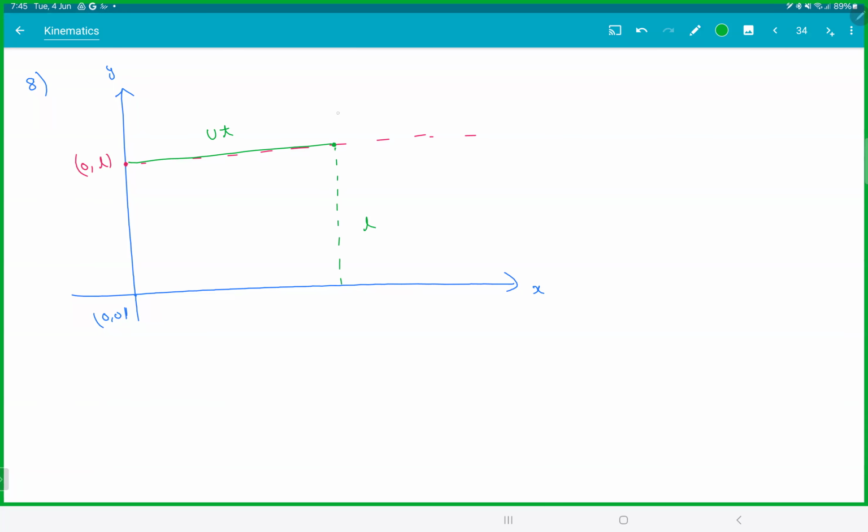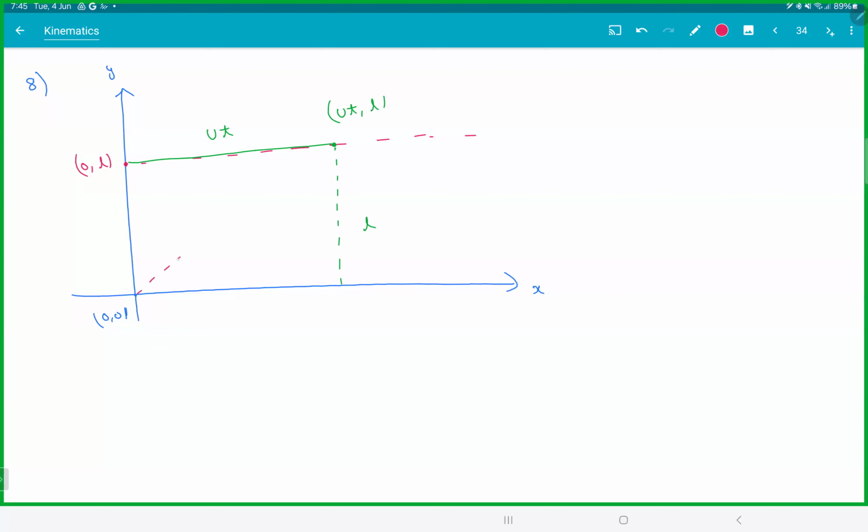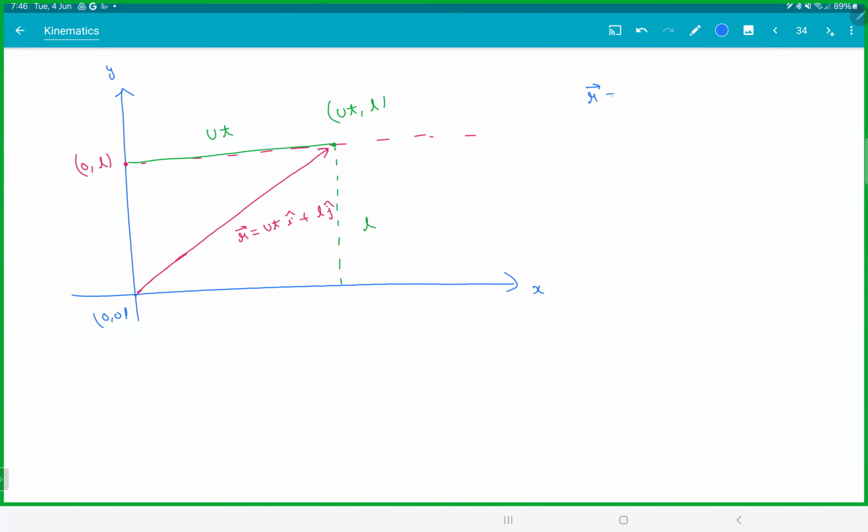L. So what is this coordinate? (ut, L). This is your R bar, which is ut i cap plus L j cap. So R bar is straightforward.